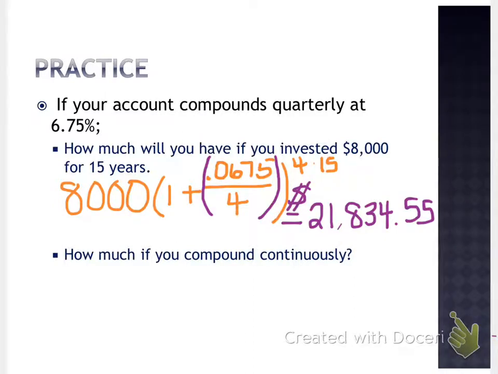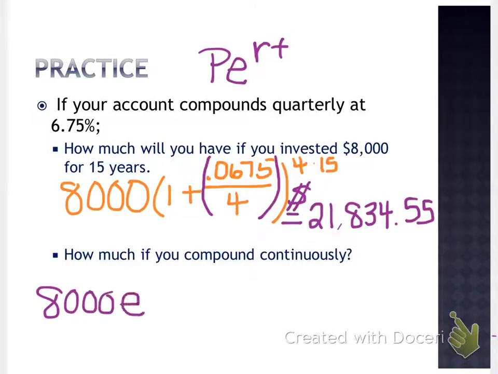All right, so now let's compare this to if we were to compound this continuously. So I'm going to have my formula, P times E to the RT. All right, so P, my principal, is $8,000 times E to the 0.0675 times my time, which is 15.